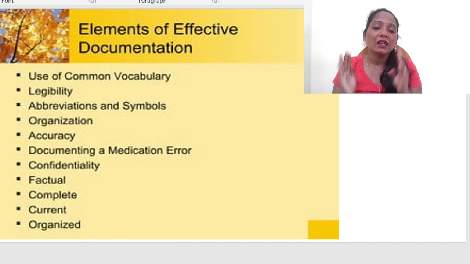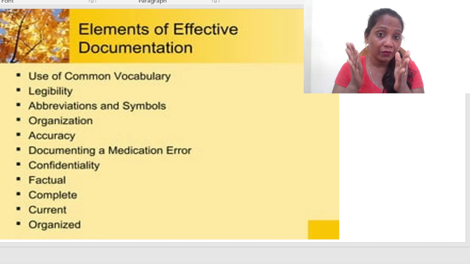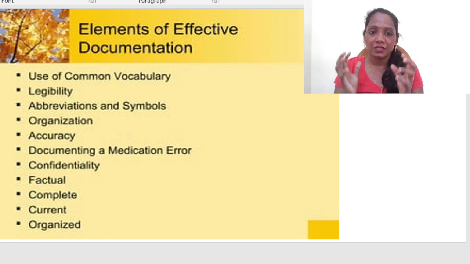It is like legal evidence, and it is a communication. People in any cadre or any department should understand what you have documented even when you are absent. That means we have to follow some principles in documentation, or some elements in the effective documentation process.